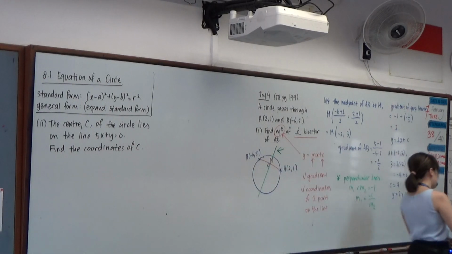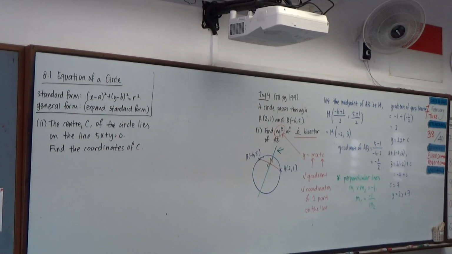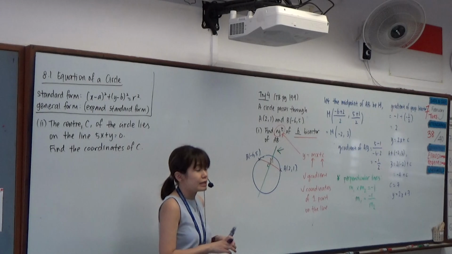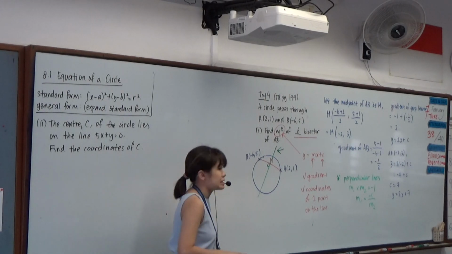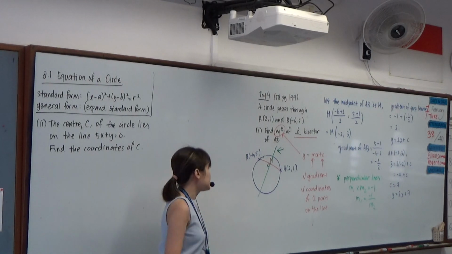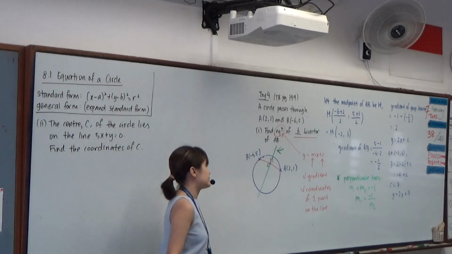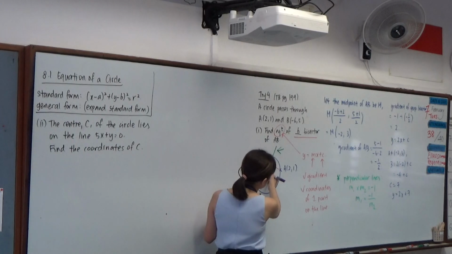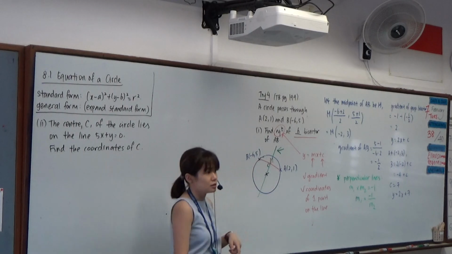Okay, moving on to part 2. It says that the center of the circle lies on a particular line. We want to find the coordinates of C. The first fact that you must know, from your EMaths geometrical properties of circle, the last chapter of your EMaths last year, is that the perpendicular bisector always passes through the center of the circle.